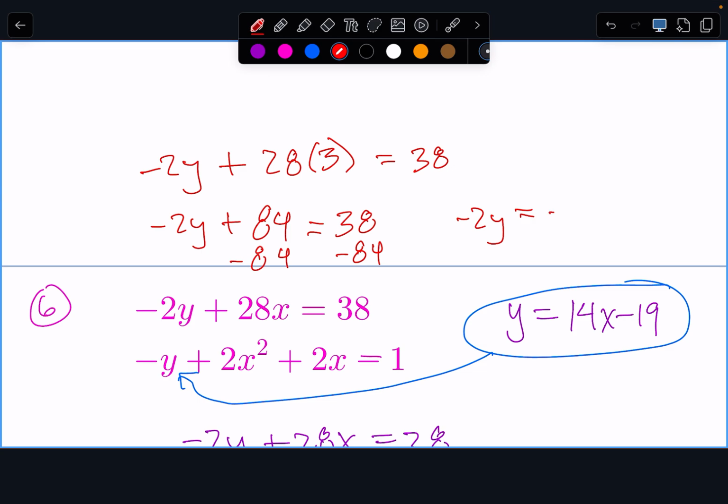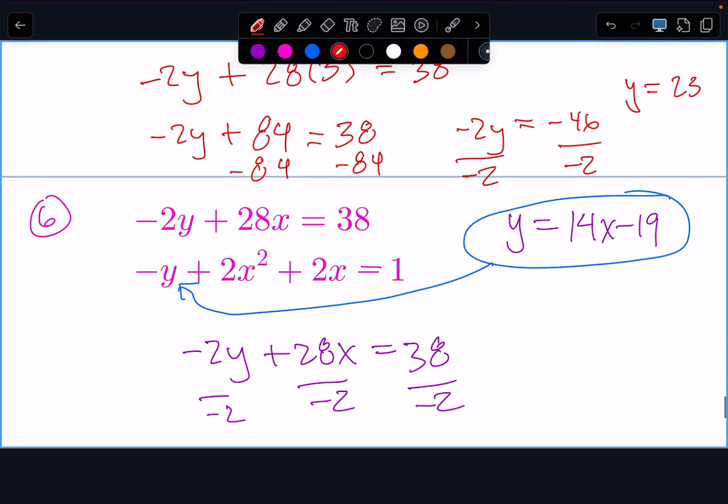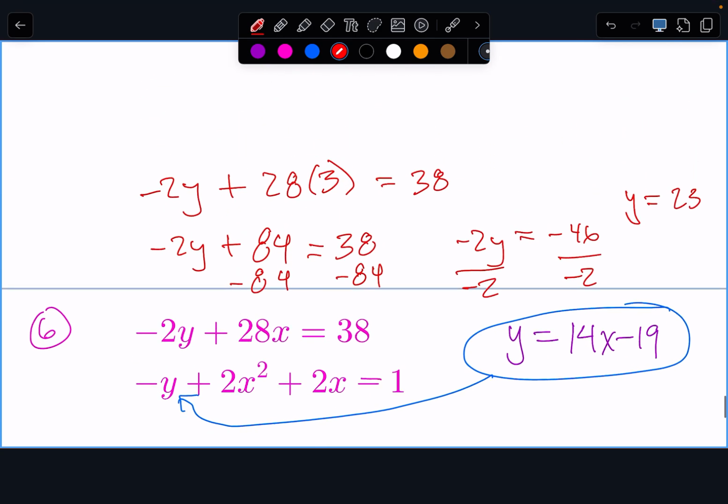Negative 46. And y equals 23. So the answer is 3, 23.